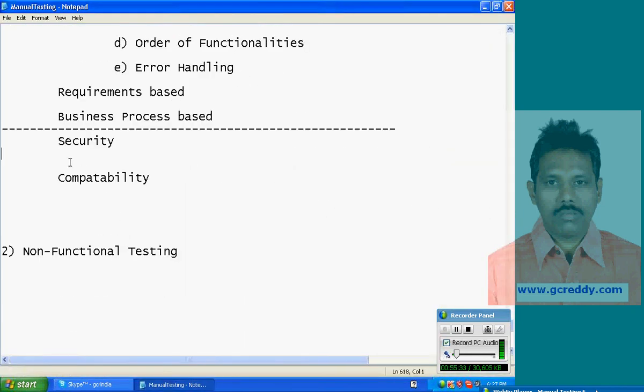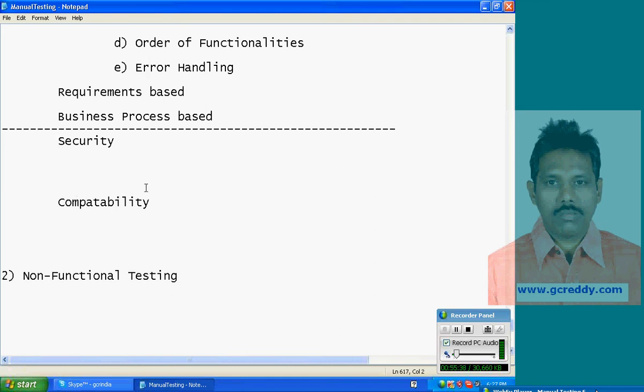Okay. See next, come to security testing. What is security testing?